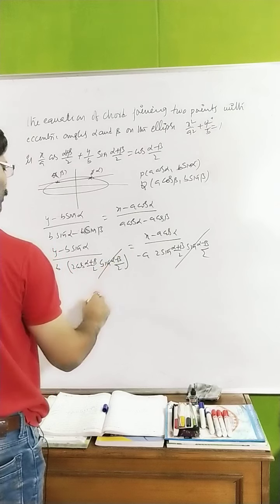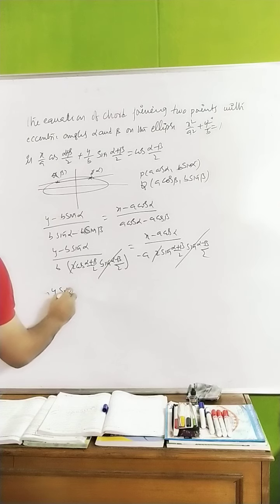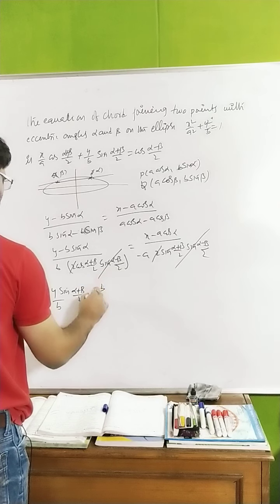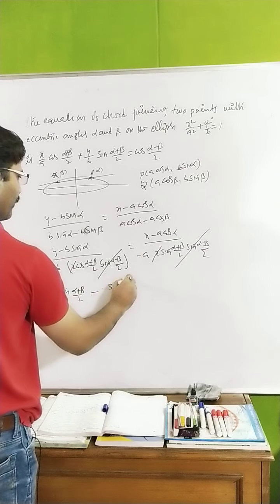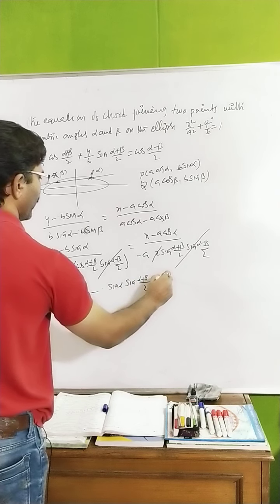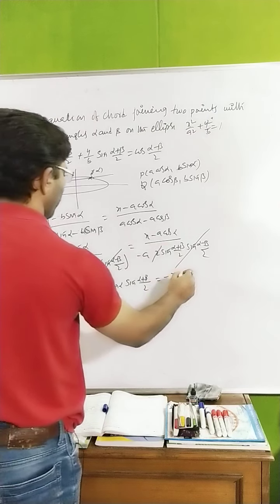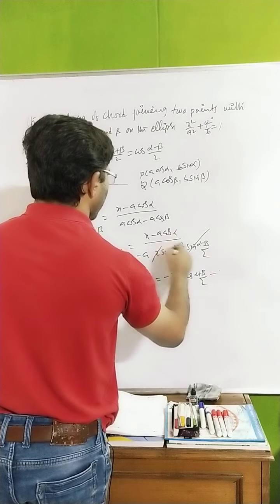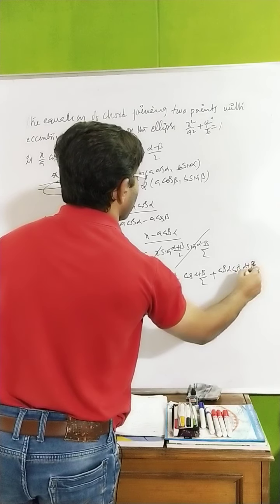See here, sin alpha minus beta by 2 is gone, 2 also you can cut off. Multiplying, we get y over B times sin alpha plus beta by 2 minus sin alpha, whereas here minus x by A, cos alpha plus beta by 2, plus cos alpha and cos alpha plus beta by 2.